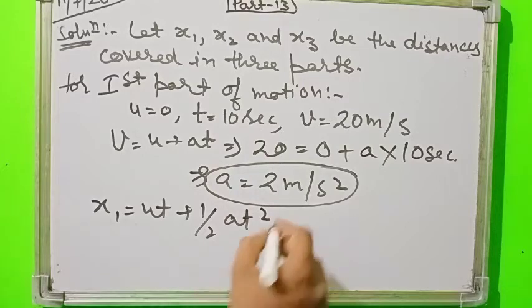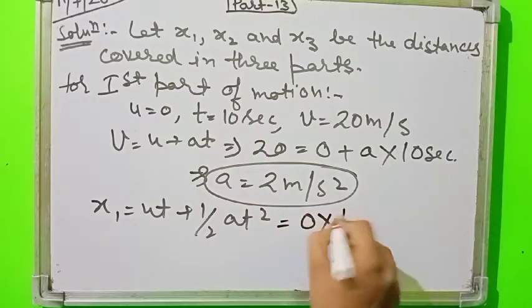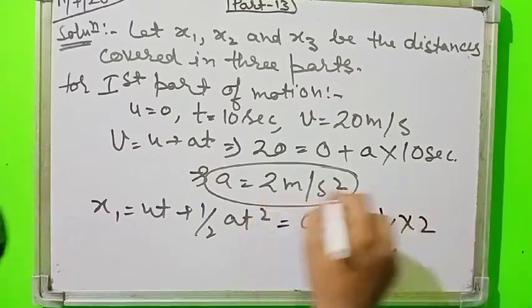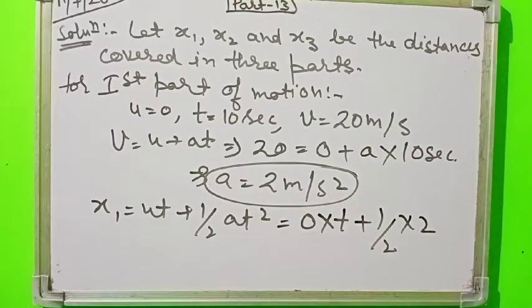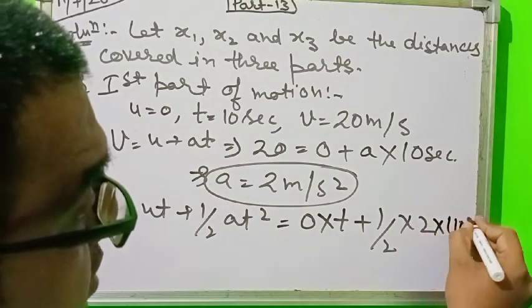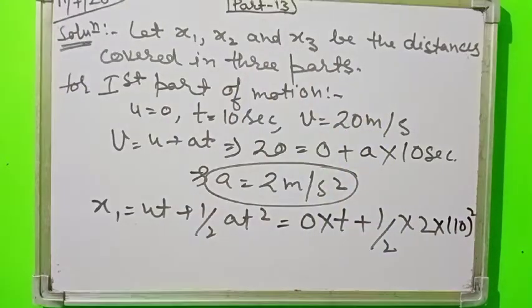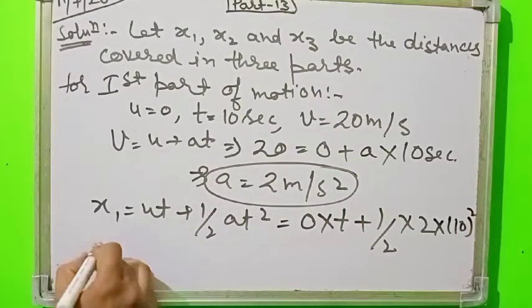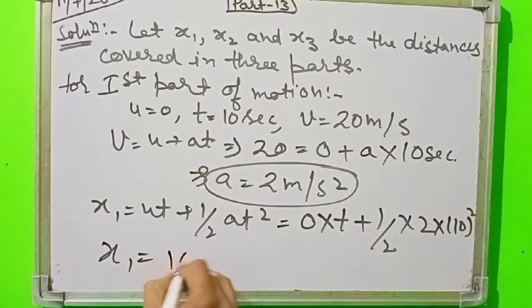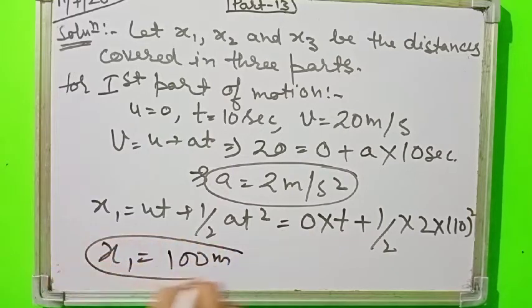Initial velocity is 0, so x1 is equal to 0 plus half into 2 into 10 square, where time for the first part is 10 seconds. The 2 cancels out, and x1 is equal to 100 meter. This is the first part of motion.